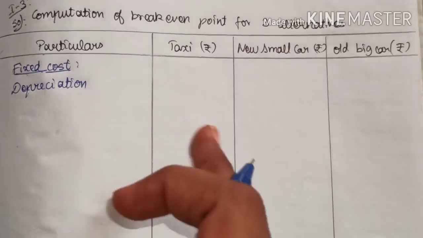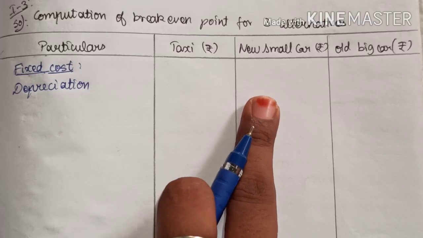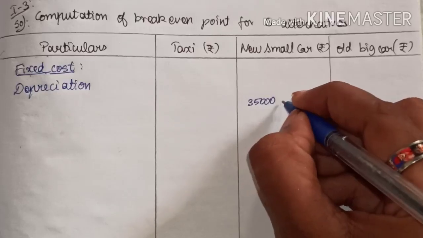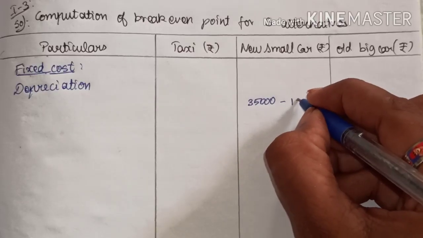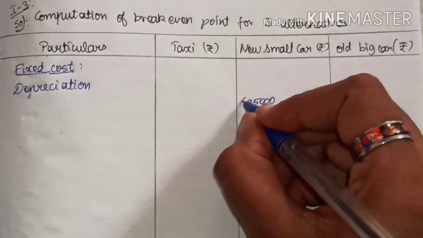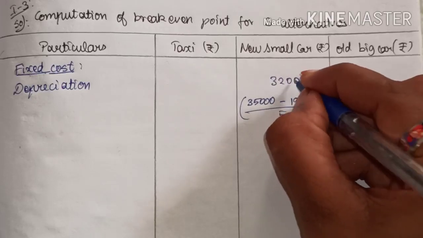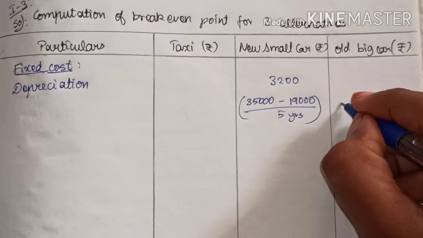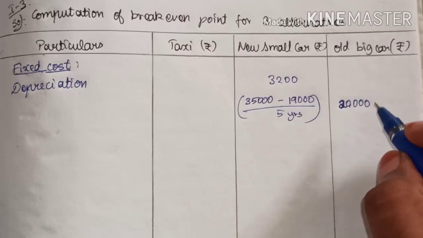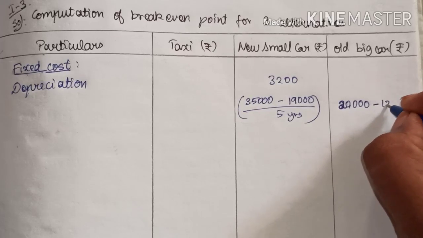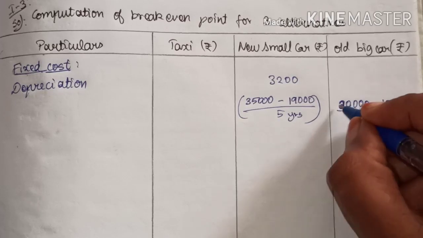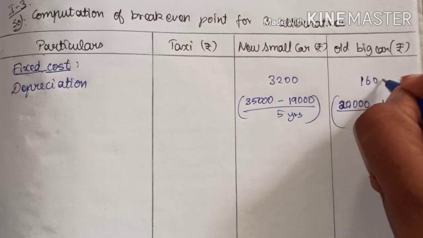For taxi we obviously don't have depreciation, and for new small car, the cost of the car is 35,000 and sale after 5 years, that is scrap value, is 19,000, divided by 5 years, so we will get 3,200. And for old big car, the cost of the old big car is 20,000 minus 12,000, that is sale after 5 years, divided by 5 years, and we will get 1,600.